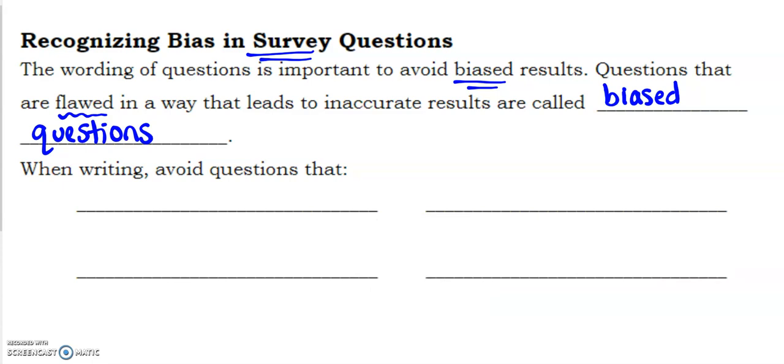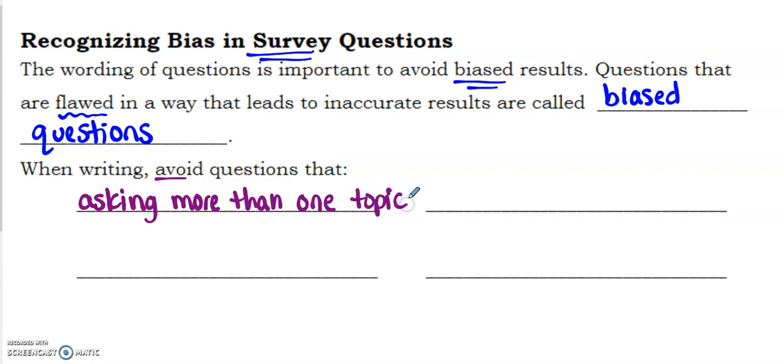And we want you to avoid and be able to recognize those biased questions. So here's what you want to pay attention to. You want to avoid the following. You want to avoid asking more than one thing, so you want to avoid asking more than one topic in your question.